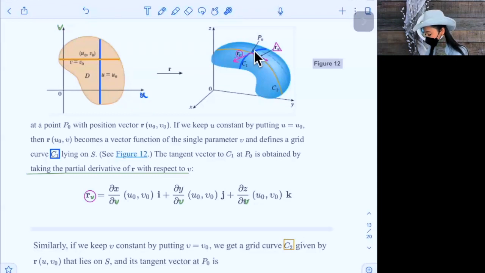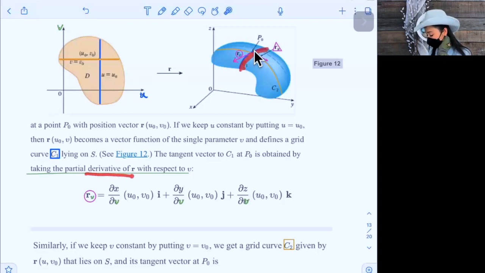The tangent vector to C1 at this point, how do we get that? We take the partial derivative of this r with respect to v, because at that time we keep u constant. So the only changing parameter is v. Along this grid curve, only v is changing, u is fixed.